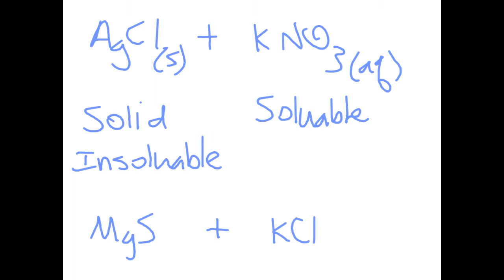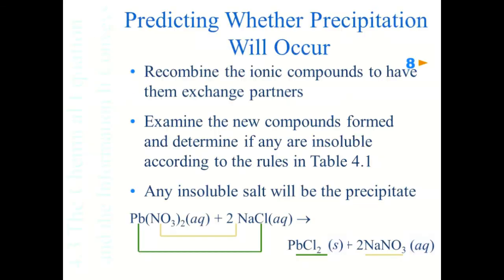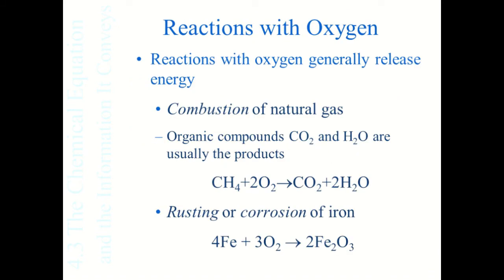Okay? So, magnesium sulfide. Is it soluble or insoluble? Good. So it is a solid, right? Potassium chloride. Soluble or insoluble? Soluble. So it's aqueous. Those K and Cl's remain dissolved. Okay? They don't form a solid product. Okay. Good.